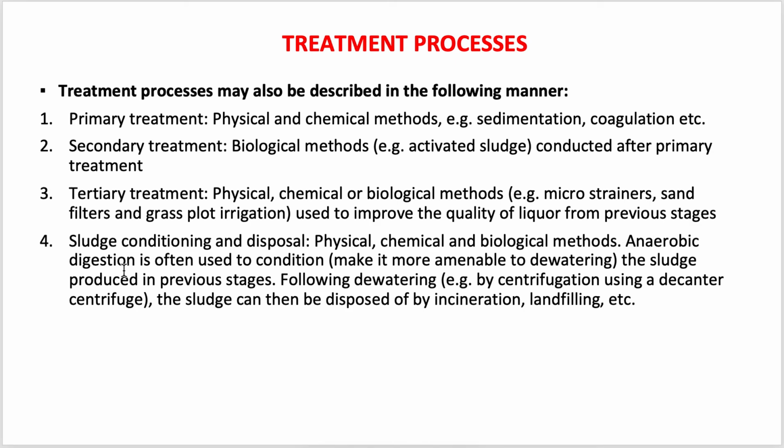For example, anaerobic digestion is often used to condition the sludge produced in the previous stage, followed by dewatering. Dewatering removes all the water content from the sludge, so the sludge becomes dry. Then it is easy to discharge the dried sludge; it can be disposed of by incineration or landfilling.